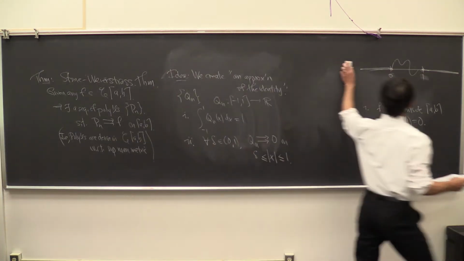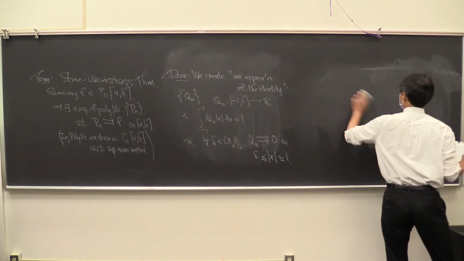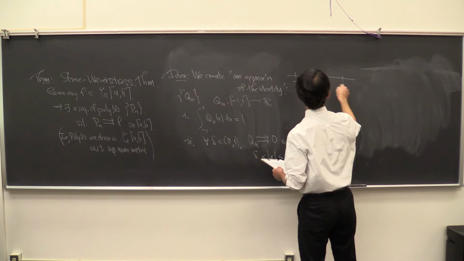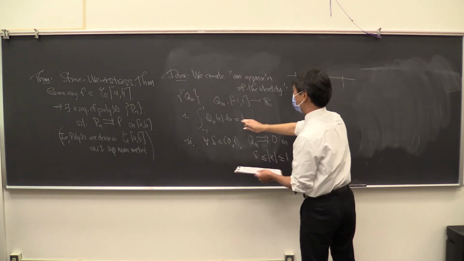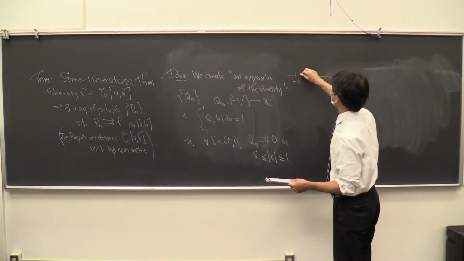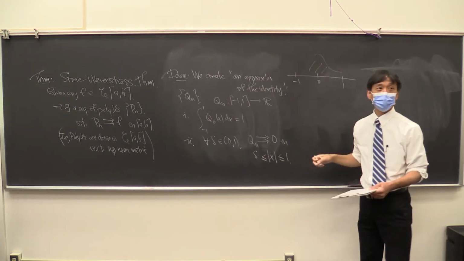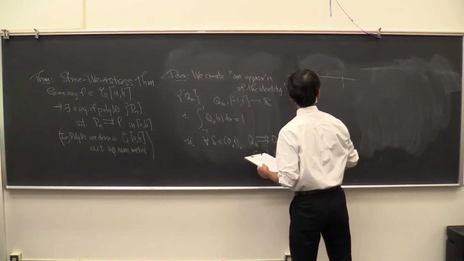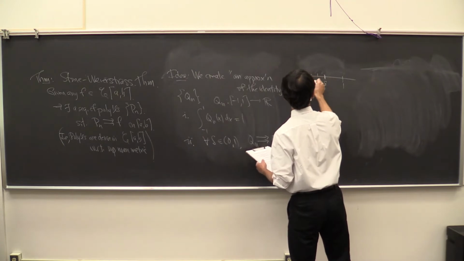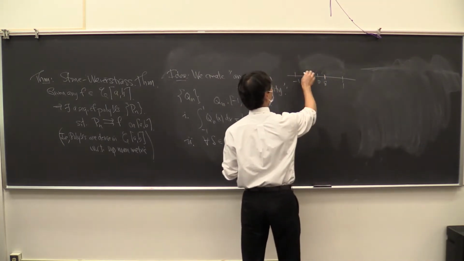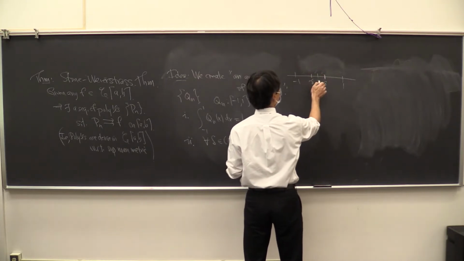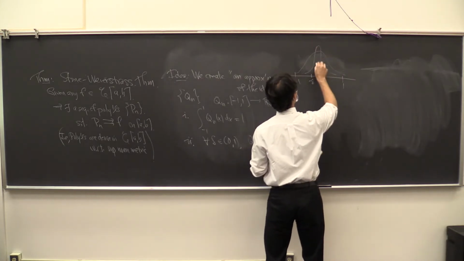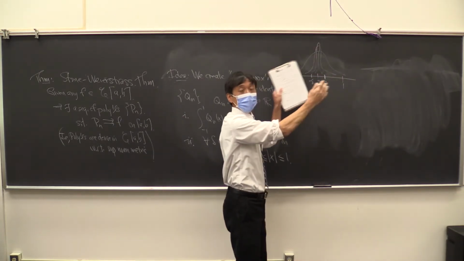So you're going to have these Q sub n. Here's negative 1, 1. Here's 0. The mass is always 1, so the area under the curve is always 1. But whenever we fix a delta, here's negative delta, and we look at the sequence of functions, the mass starts getting concentrated.